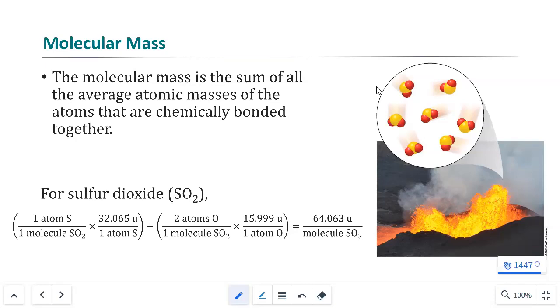All I need to do is add together the atomic mass for each element multiplied by the number of elements that are in that particular formula. So if I want to find the mass of sulfur dioxide, I take the mass of 1 sulfur and 2 times the mass of oxygen, and that would give me the mass of sulfur dioxide.